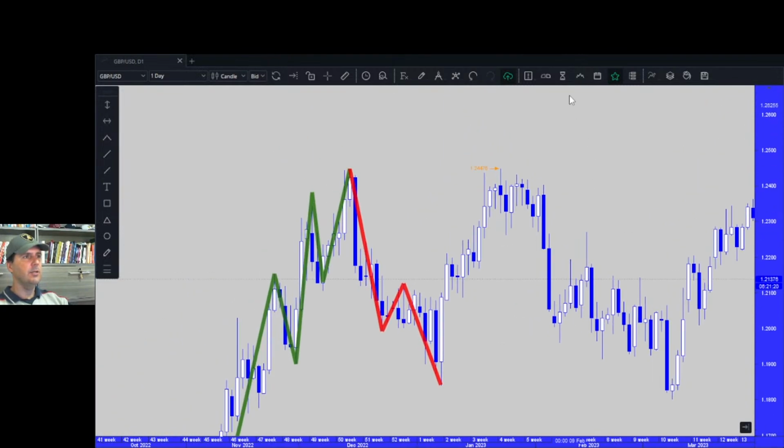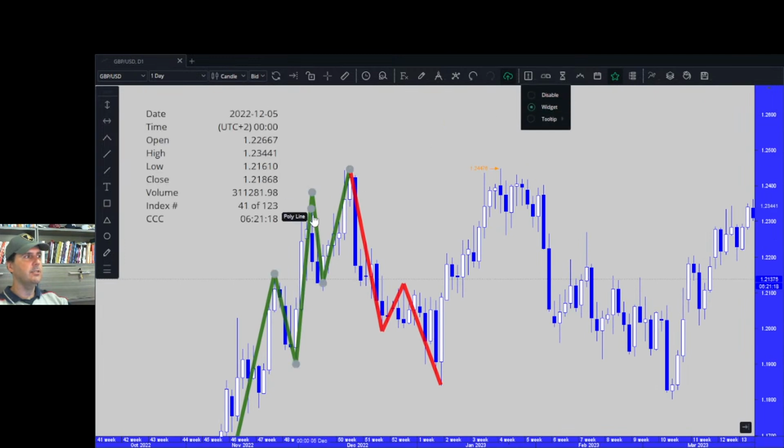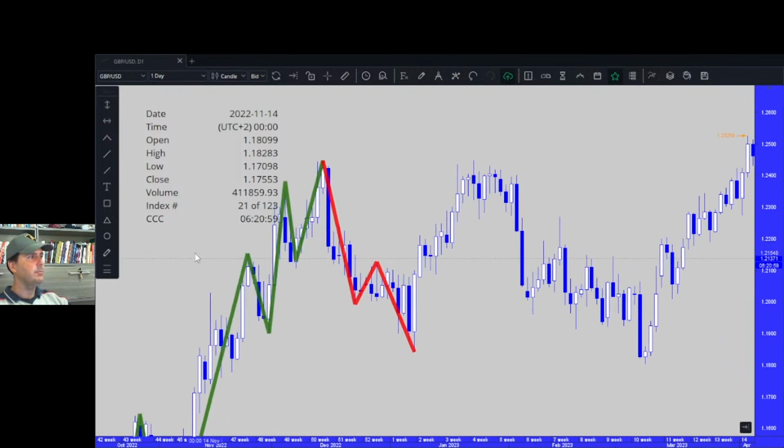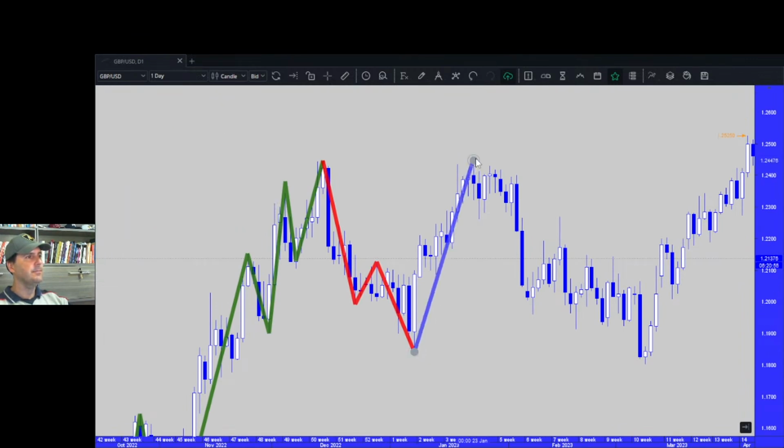Okay, and here you have a great tool, it's called the widget. And let's see if this is a higher high. 1.2447, and this is 1.2446. This is 1.2447. So this is a higher high, right? What about the low? So I'm going to extend this one up in here.